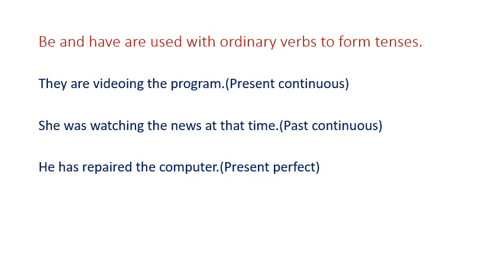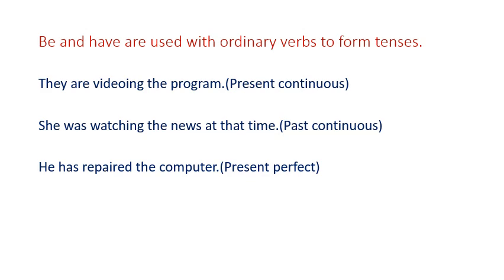Look at the first example: They are videoing the program. We use the auxiliary verb are before the main verb videoing, and it gives the tense present continuous. The sentence became present continuous.